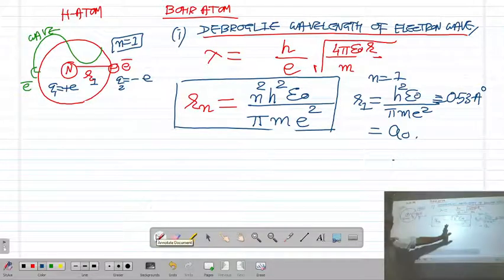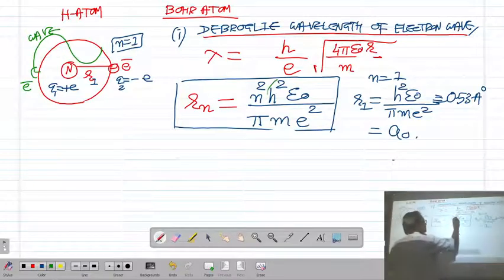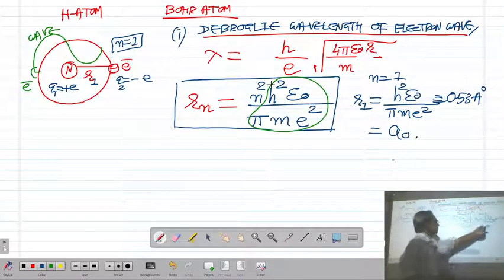If you want to write down the radius of the other orbits, then see, this h square epsilon 0 upon pi m e square is the Bohr radius A0.